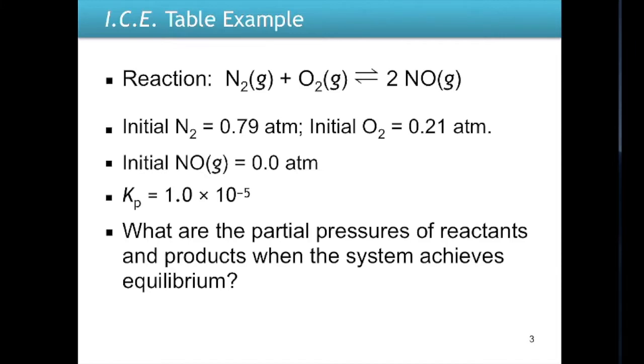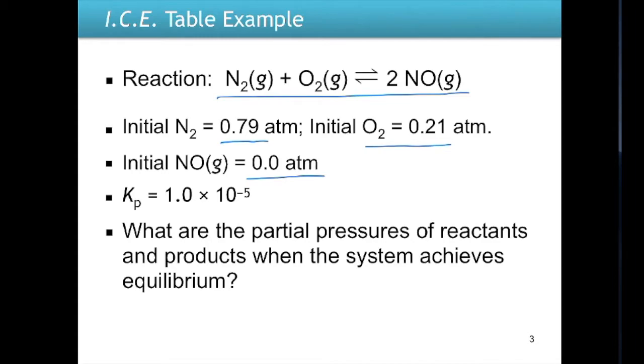So given this reaction, nitrogen and oxygen producing nitrous oxide, normally in these types of questions we'll be given initial concentrations. So we're given an initial concentration of nitrogen, an initial concentration of oxygen, and an initial concentration of our product, which we're saying is starting at 0.